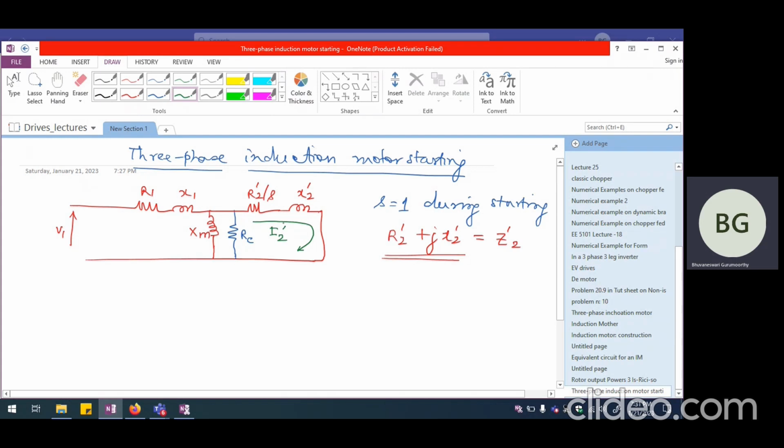So this I2 dash plus whatever is the current drawn by the magnetizing reactance, which is IM, and this is the core loss component of current, which is IC. So I'm going to have I2 dash plus IM plus IC. This is going to be the total starting current.